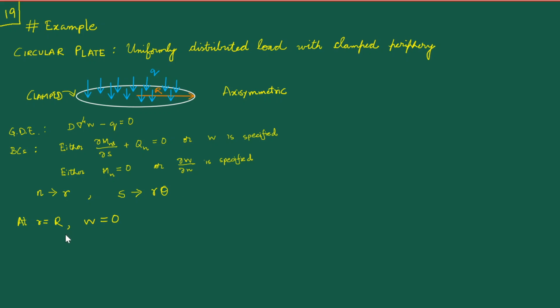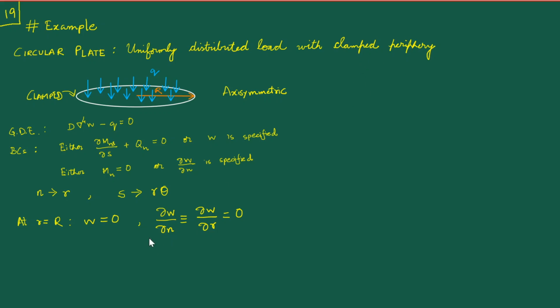So not only is W equal to 0 here, but we also have that del W del n, which is equivalent to del W del r, because this n variable maps to r, is equal to 0 all along the periphery. Now this certainly makes us happy, that we have successfully modeled the given clamped boundary condition.